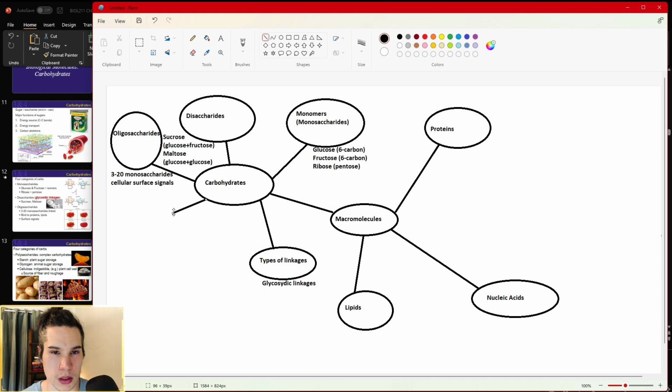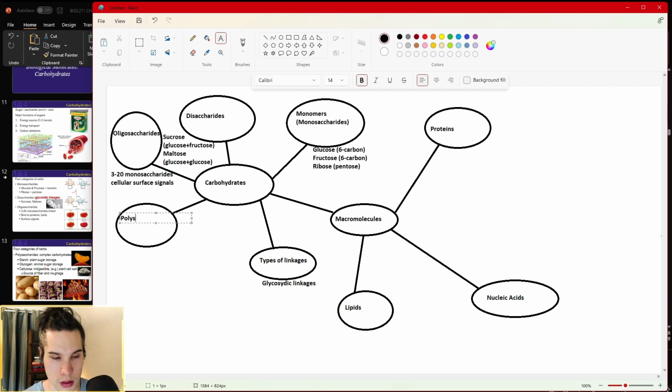All right, so we got monomers, monosaccharides, disaccharides, oligosaccharides. Let's talk about the complex carbs. These are going to be the very large macromolecules. So we'll just put complex carbs or polysaccharides. This is going to be things like your starch, your glycogen, and cellulose.